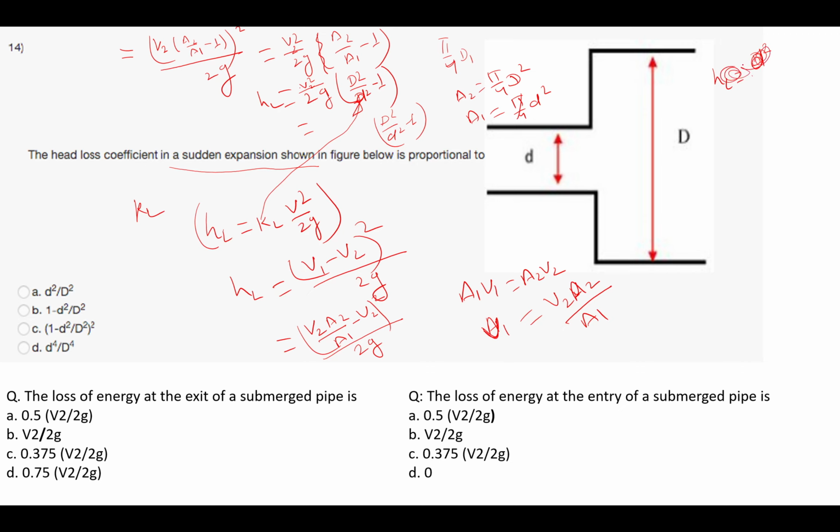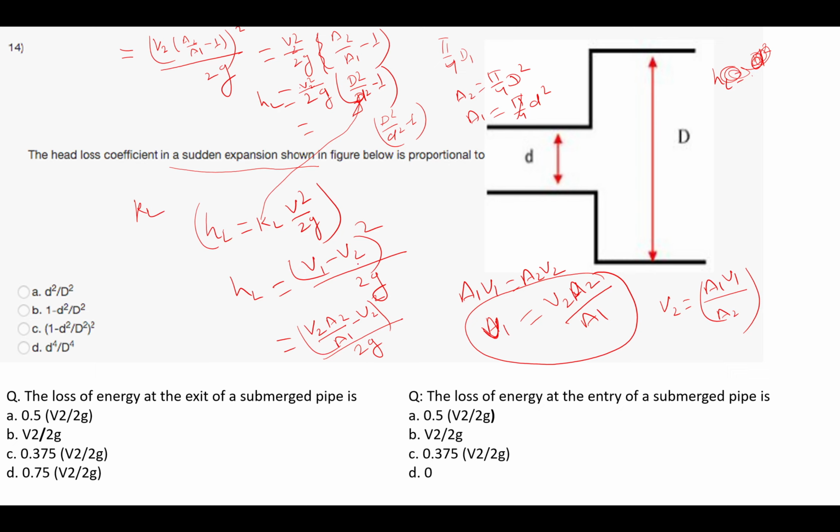Let us calculate. Now we will find the value of V2. V2 will be A1 V1 by A2.